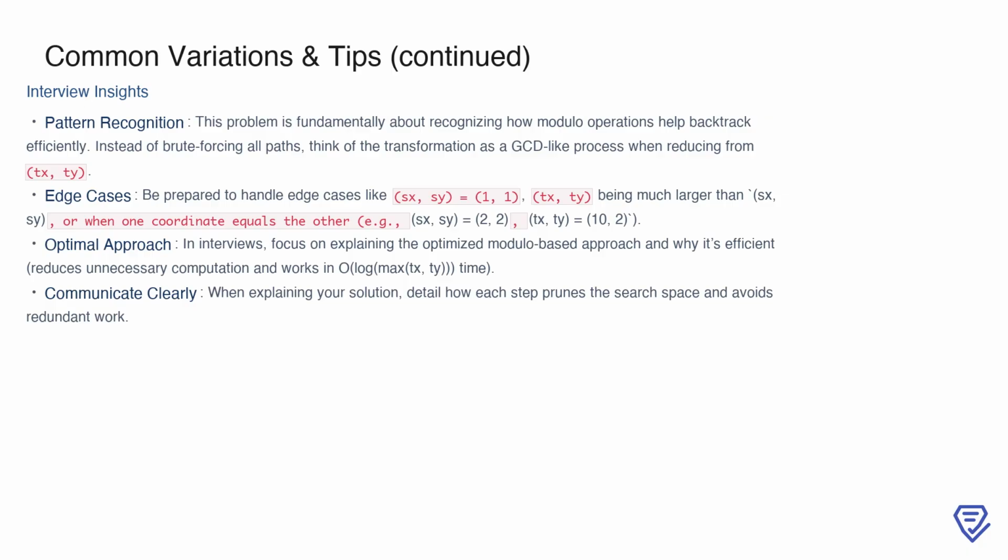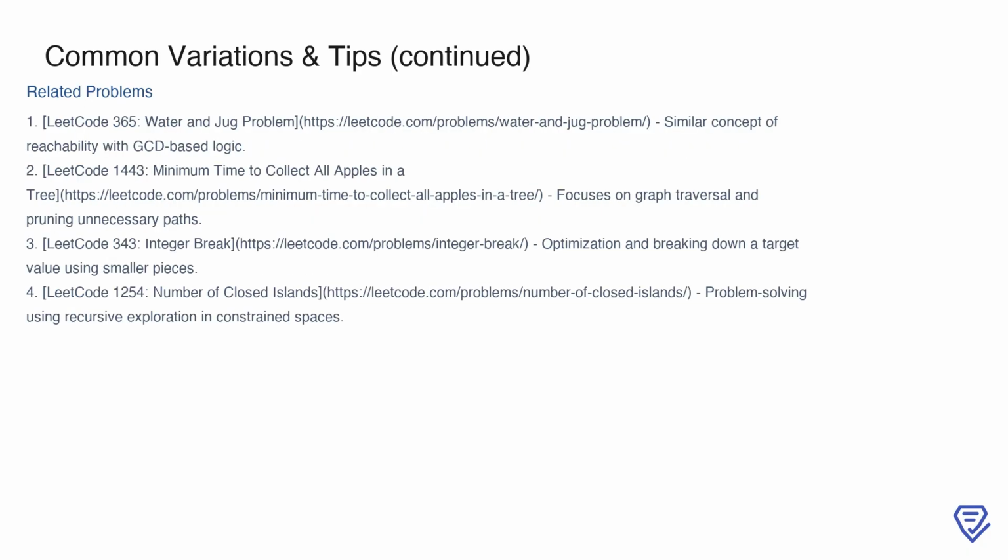If you're looking to deepen your understanding, there are several related problems that share similar concepts. For instance, LeetCode 365, the water and jug problem, also involves reachability logic based on the greatest common divisor. LeetCode 1443, which focuses on the minimum time to collect all apples in a tree, emphasizes graph traversal and pruning unnecessary paths, which parallels the optimization techniques used here.